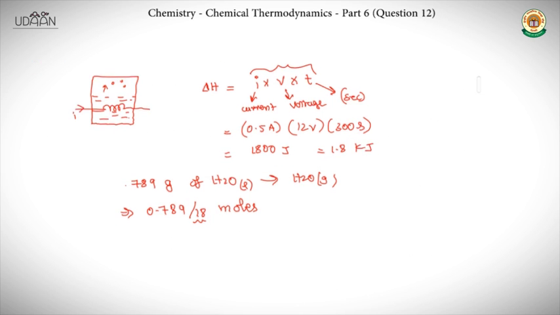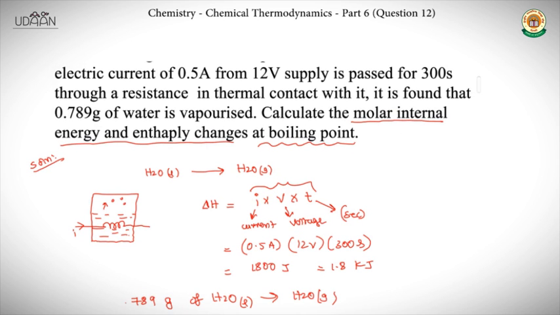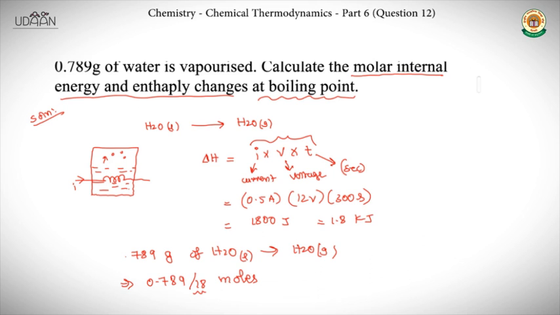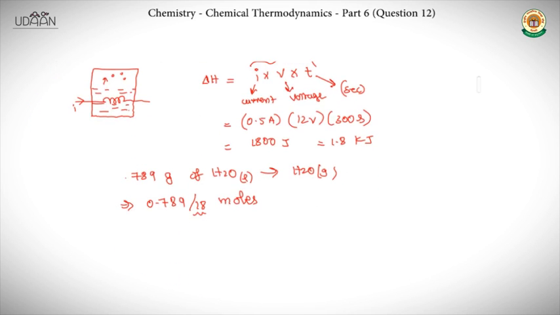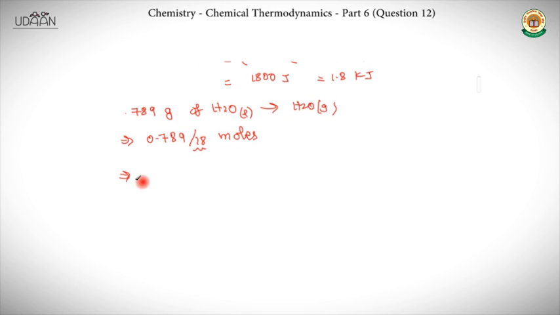In our first part they asked us to find molar internal energy. So first we'll calculate the heat required for getting this vaporized, the molar heat required per mole. So we have heat required for 0.789 by 18 moles, which is converted into 1 mole.